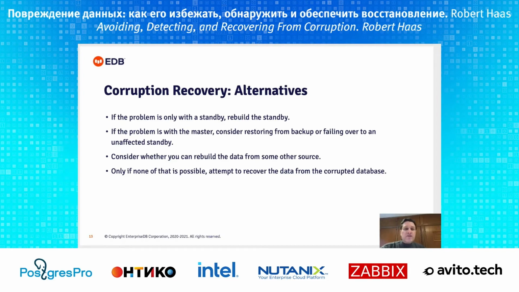For example, if you're using your PostgreSQL database as a reporting server where you import data from other sources into PostgreSQL, and then you use it to run reporting queries, you don't really need to fix your broken database. You can just get rid of it, re-import the data from the original source into a fresh database, again after correcting any hardware issues that may exist, and then you're in good shape.